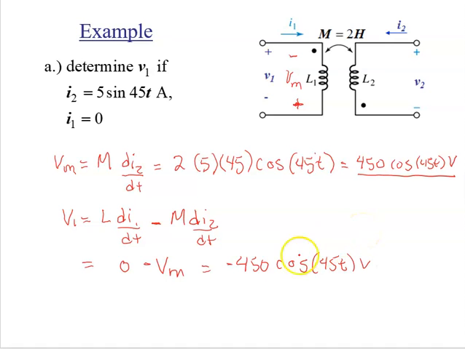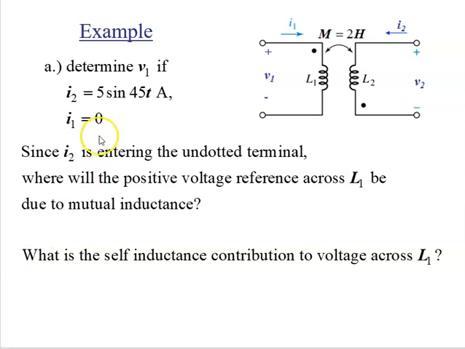So we do have both the self-induced voltage across L1 plus the mutually induced voltage. In this case, from the positive reference up here at the top, our mutually induced voltage has a negative reference. So let's look at another example.